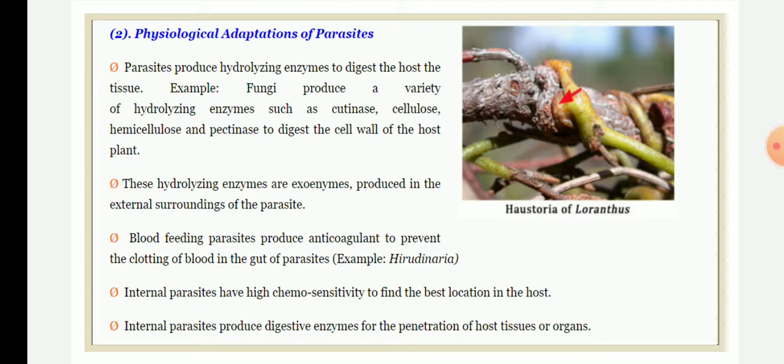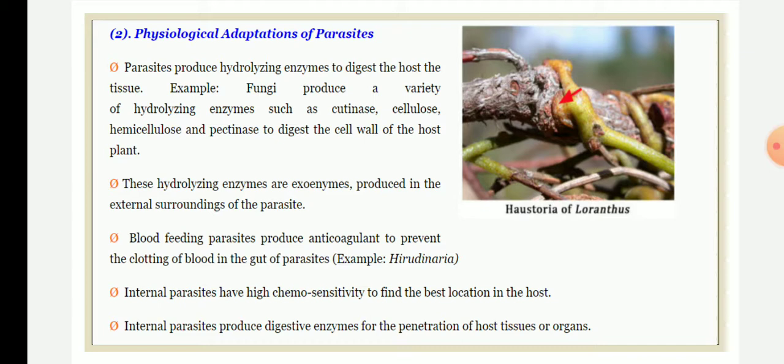Then the nervous system and sense organs. As I already said, the endoparasite lives in a well protected and stable environment of the host, so there is no need for a complex nervous system.